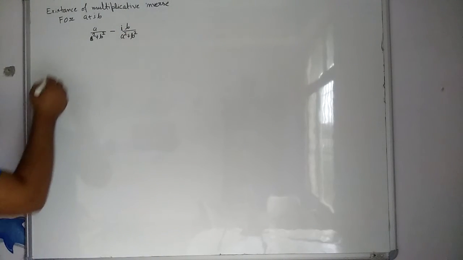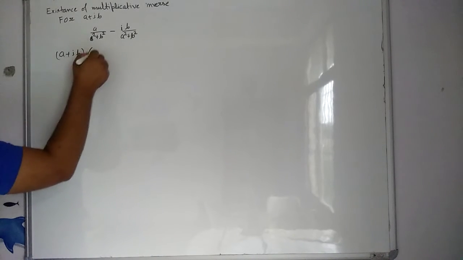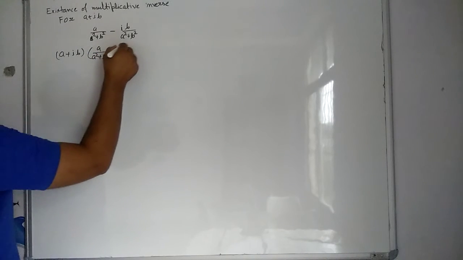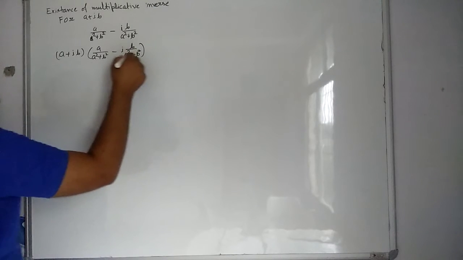Why is it the multiplicative inverse? Let us check it. For the complex number a plus iota b, we are going to multiply it with this complex number, and we are going to find out whether it is its inverse or not.